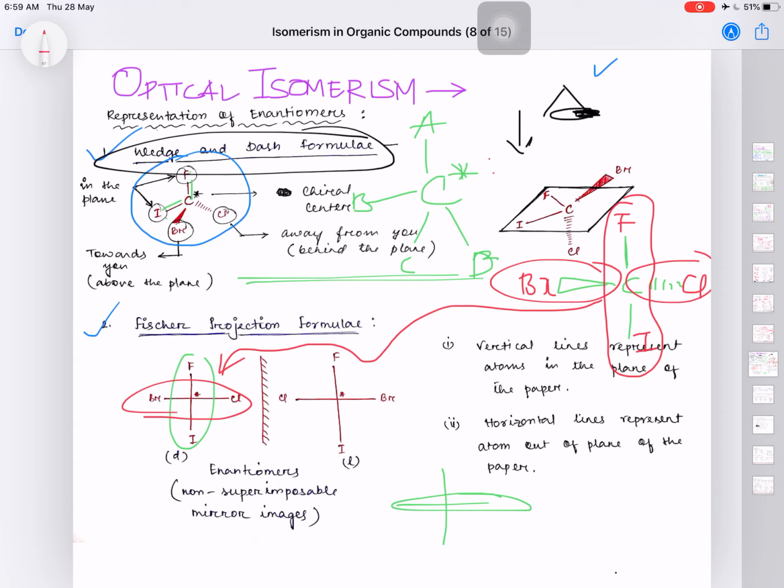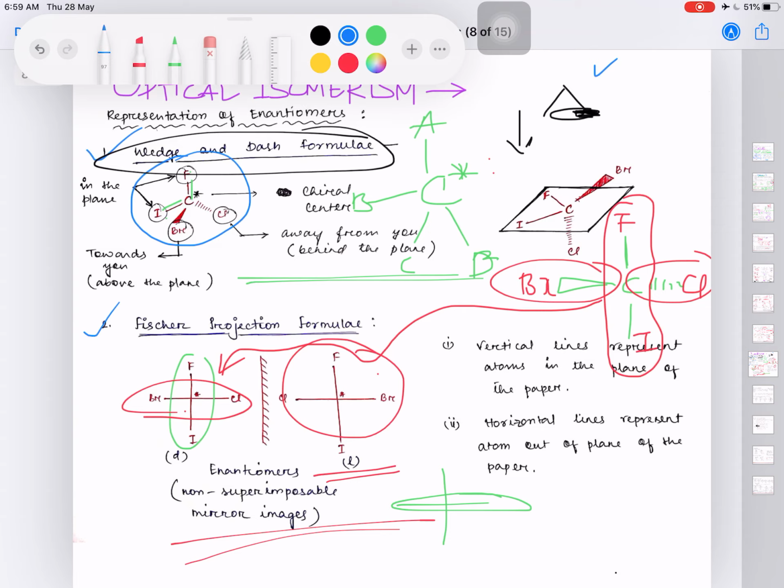Now for this one, the mirror image is this one, and if you place this image on top of this one, it is non-superimposable. So these are enantiomers. One will be D, one will be L. So this is the basic definition of enantiomers, and representation can be done in two ways: one is wedge and dash formula, another one is your Fischer projection formula.